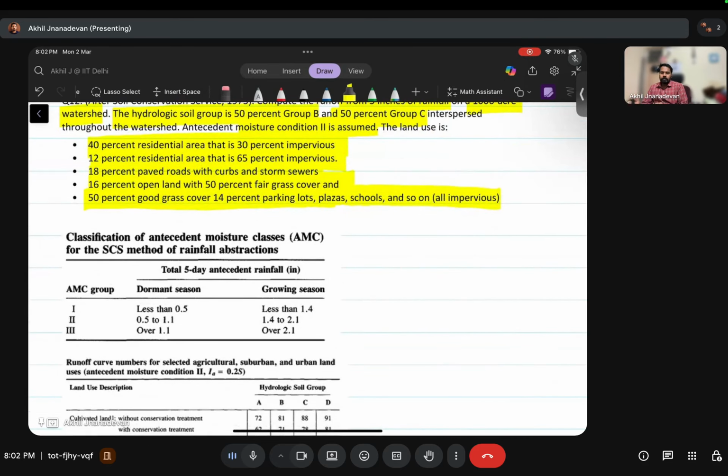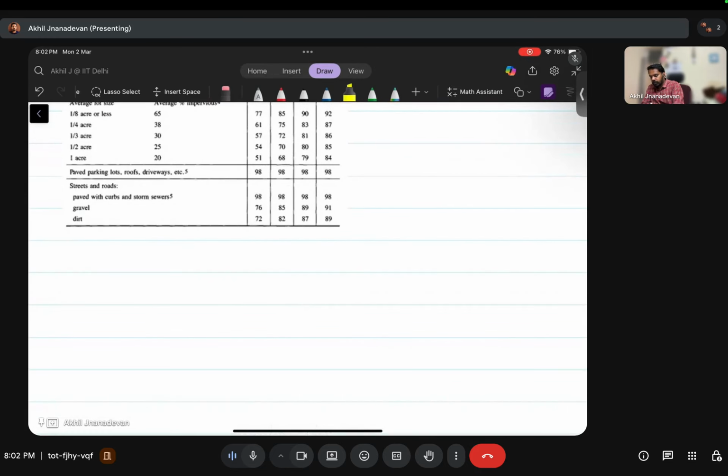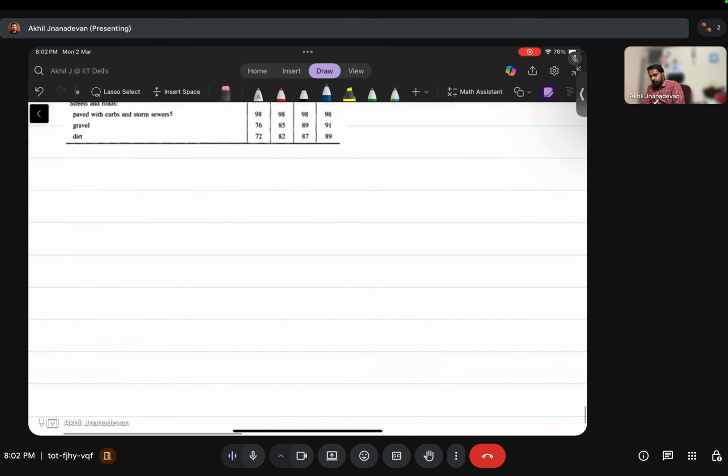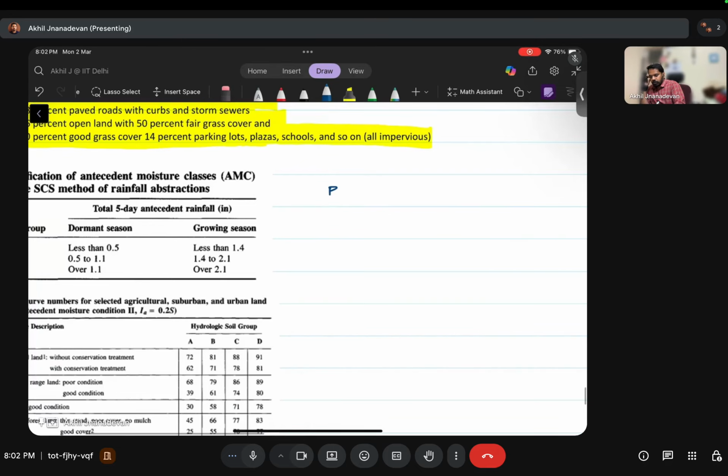So here we need to come up with the curve number. Once we have the curve number, we can directly substitute to find the rainfall excess, right? So we can write the formula once. The rainfall excess PE is given by P minus 0.2 S the whole square divided by P plus 0.8 S, right?